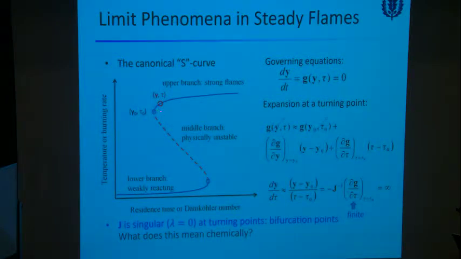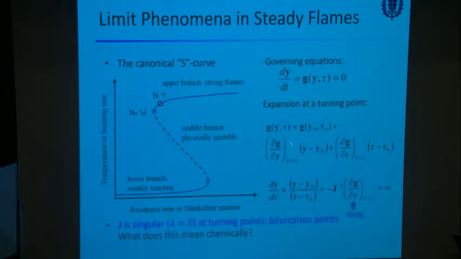But if you do the linear expansion here, I put a lot of equations. How about you spend a few seconds to look at the equation to see if it makes sense. That means we expand this source term around this turning point. This term is G(y0, tau0), its value here.